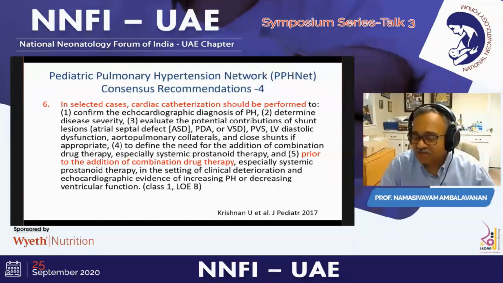If you give that infant nitric oxide, again, you'll be increasing pulmonary blood flow, but blood flow is not going to get back through the heart quite as easily because of the left ventricular dysfunction. So it is important that if the infant is not responding to drug treatment, to do a cardiac cath to see if there's any underlying problem, especially pulmonary vein stenosis or diastolic dysfunction.